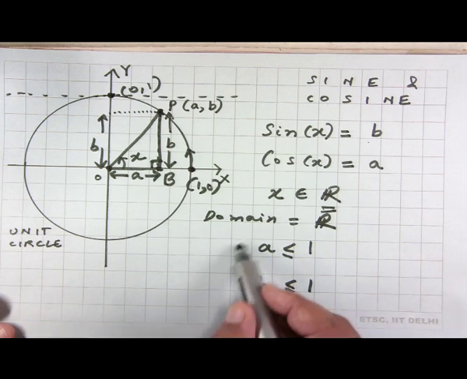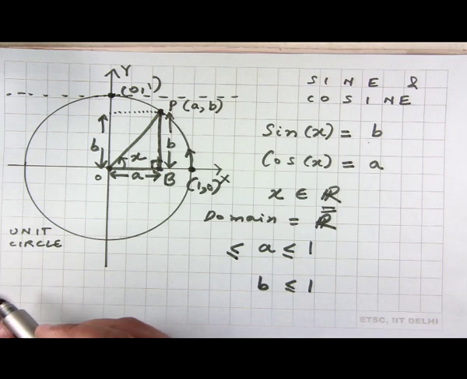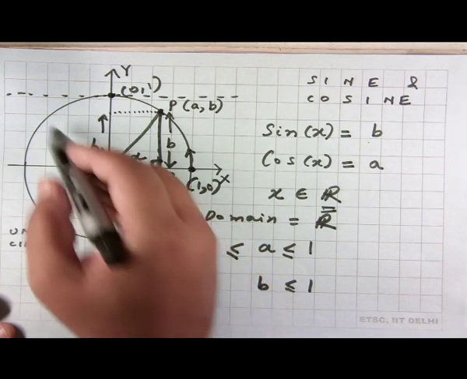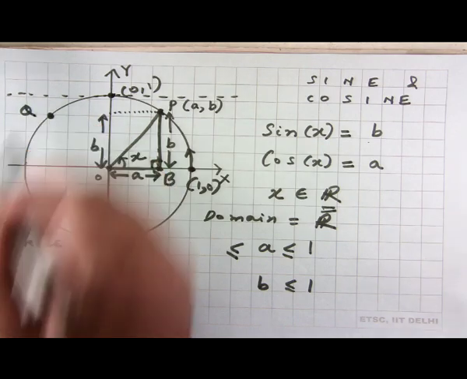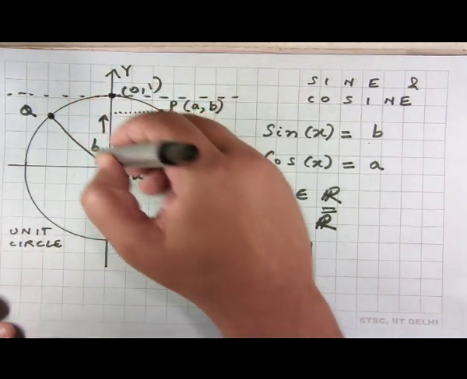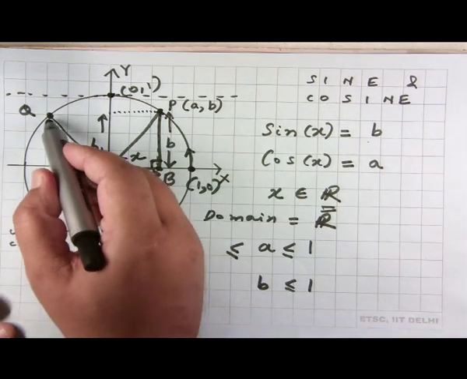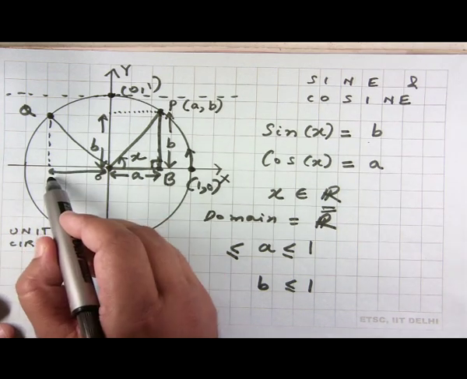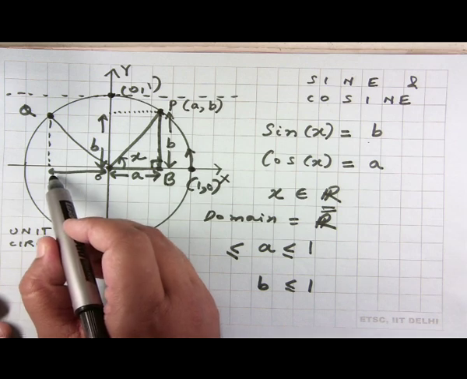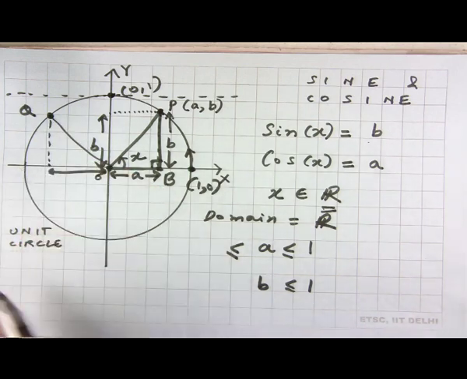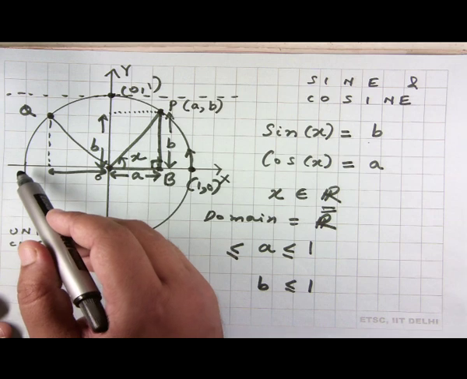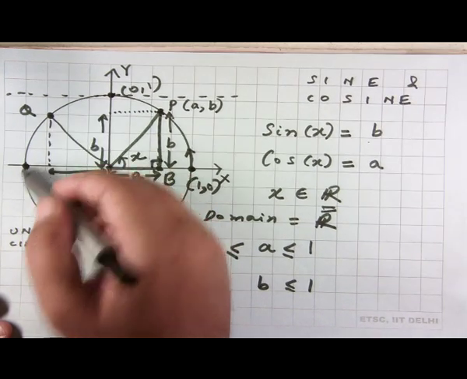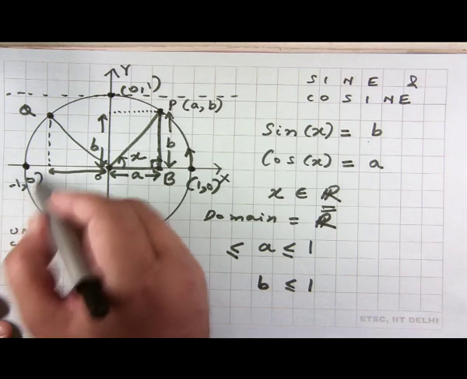On the other side, the moment we rotate more than 90 degrees, let us say we have a point Q here. The x coordinate of this point is negative, and the largest negative value that the x coordinate of any point on this circle can have is when we reach the point whose coordinate is minus 1, 0.